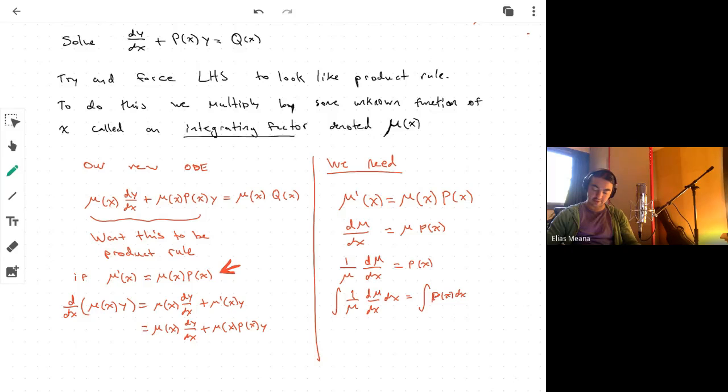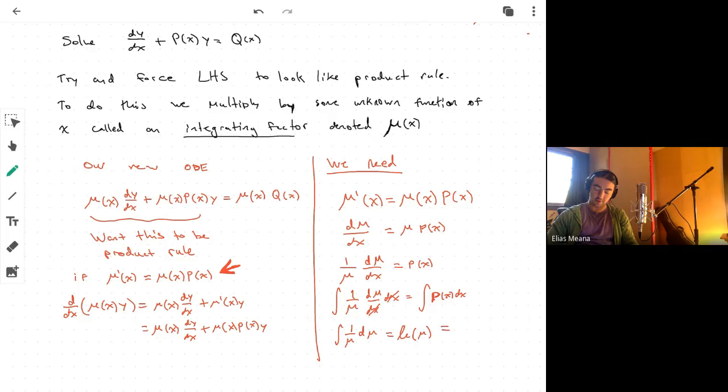Now, I'll say this much. The right-hand side of this equation cannot really be simplified because p of x can be any function of x, right? I don't know what the integral of p of x is. There's no one standard formula for finding integrals, so we're just going to leave it as the integral of p of x. But the left-hand part of the equation turns into just a mu integral. It's just 1 over mu d mu, by using separation of variables. And of course, that's just natural log of mu.